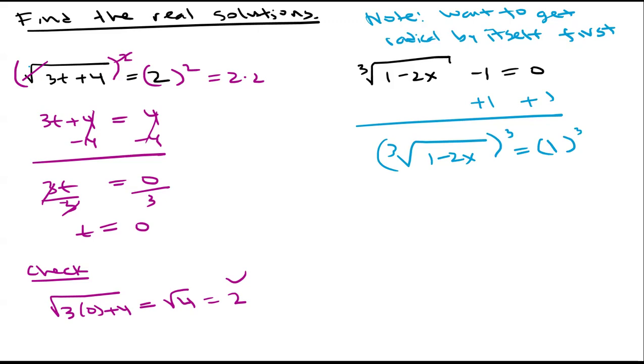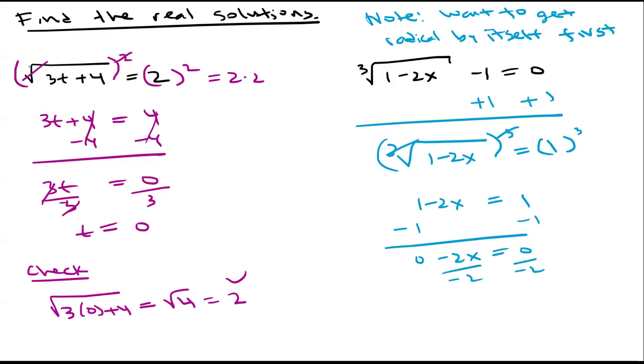The root of 3 is going to cancel with the power of 3, leaving us with 1 minus 2x equals 1. Okay, and then we're going to solve. 1 minus 1 is 0, so we have negative 2x equals 0. Then divide by negative 2, and that gives us x is equal to 0. So again, when I plug it in, I'm going to get the same answer.